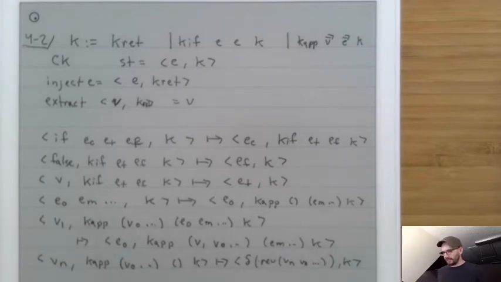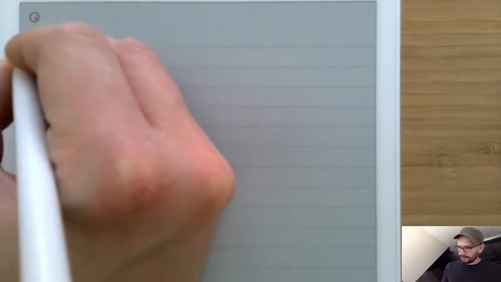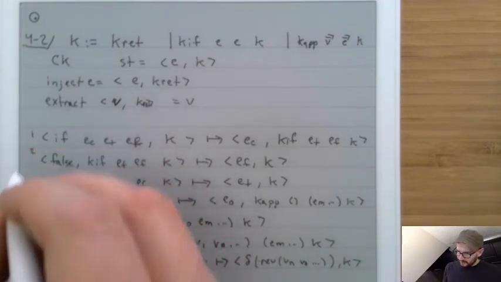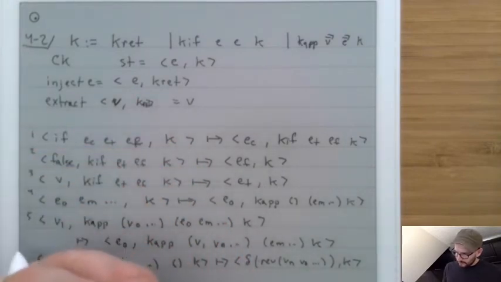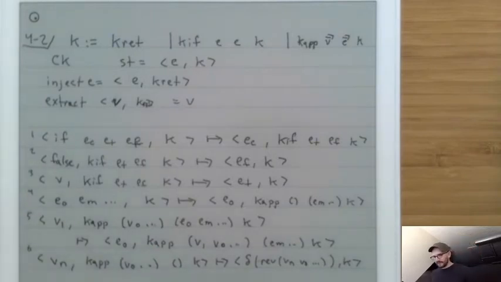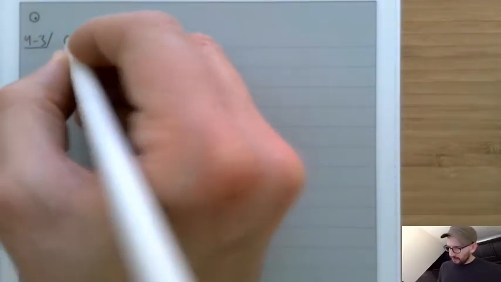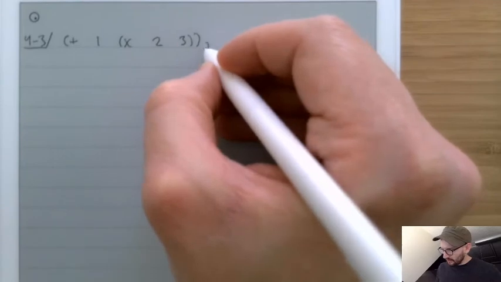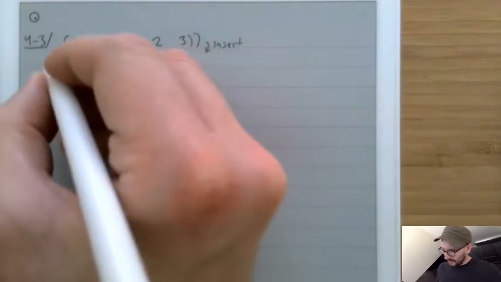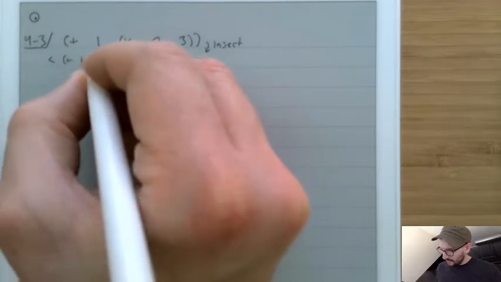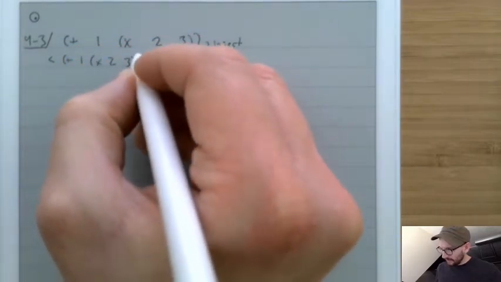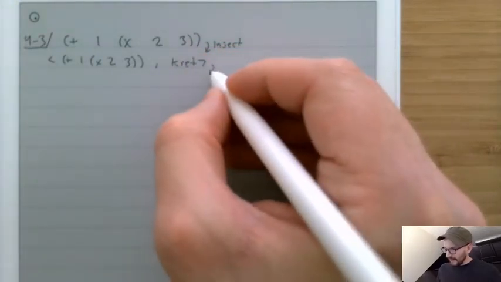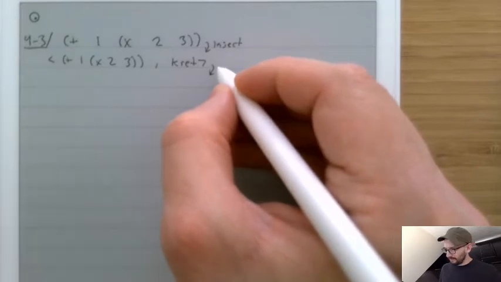Let's look at the evaluation of our example program. And let's label the rules again. So we've got rule 1, 2, 3, 4, 5, and 6. Okay, so we start off with plus 1 times 2, 3, and we first call inject. And we get plus 1 times 2, 3, k-ret. Okay, then we have rule 4.